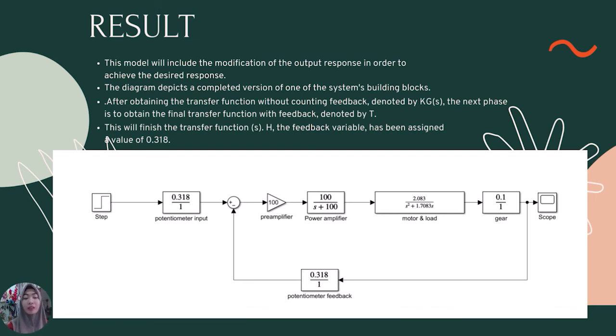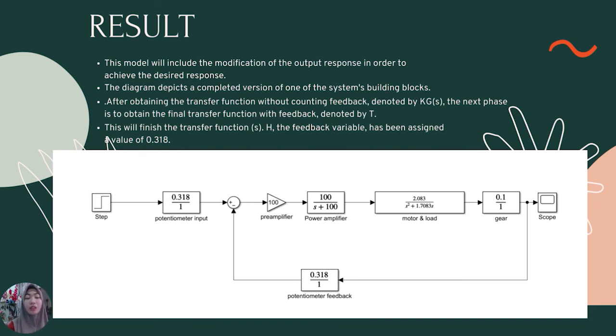Next, the diagram is a complete version of the system building blocks. After obtaining the transfer function without counting feedback, denoted by KG, the next phase is to obtain the final transfer function with feedback, denoted by T.